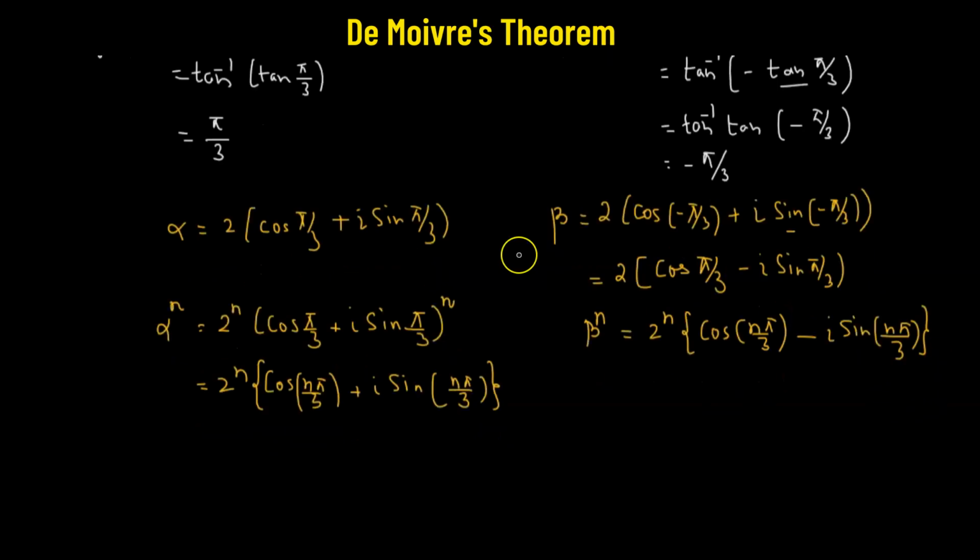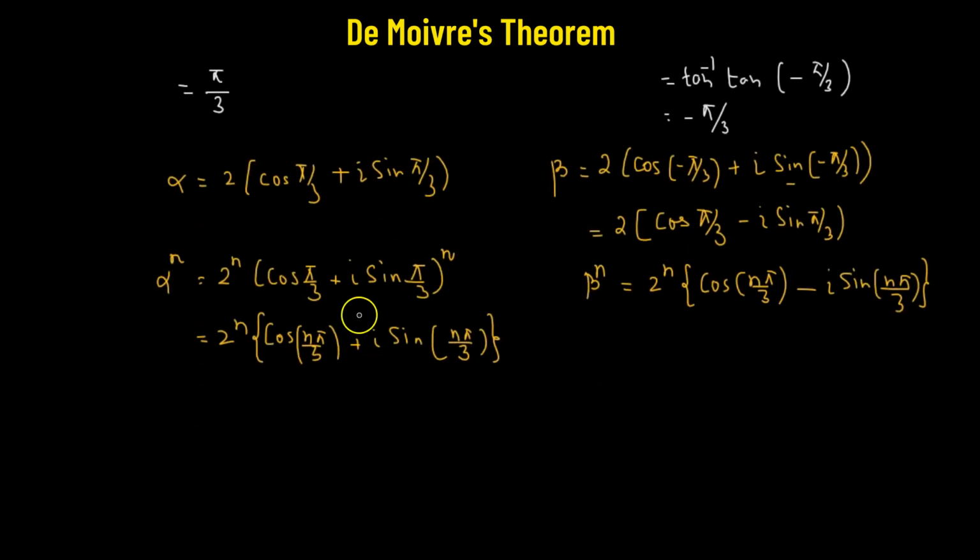Now we will finally add alpha raised to the power of n and beta raised to the power of n. Here 2 raised to the power of n is a common factor, and we'll see that the imaginary part gets cancelled out, leaving us with only the real part. The real part is repeating twice, so we have 2 times cosine of n pi over 3.